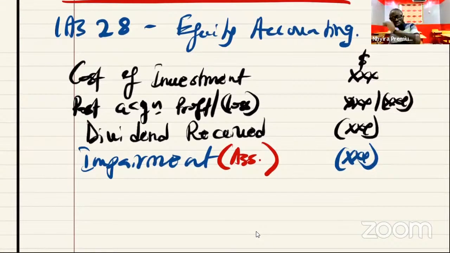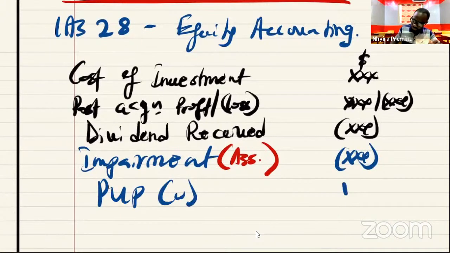So, cost of investment, post-acquisition profit or loss, dividend received, any impairment in our investment in the associate, then provision for unrealized profit. Now, there is a way this computation has to be done.